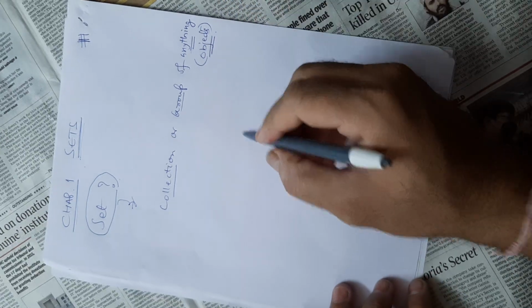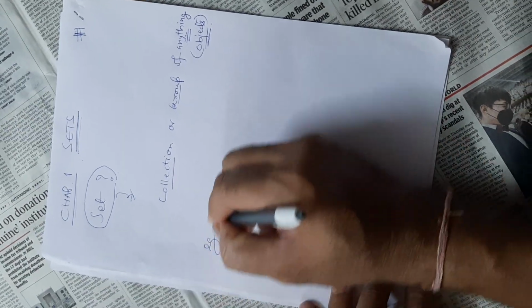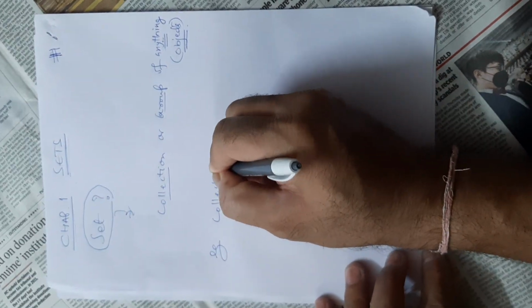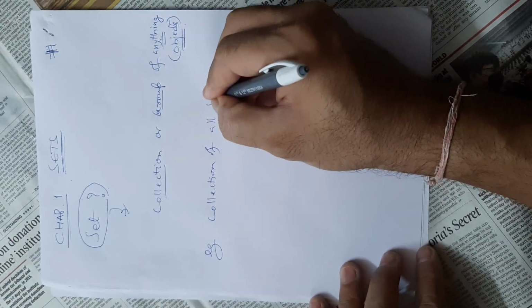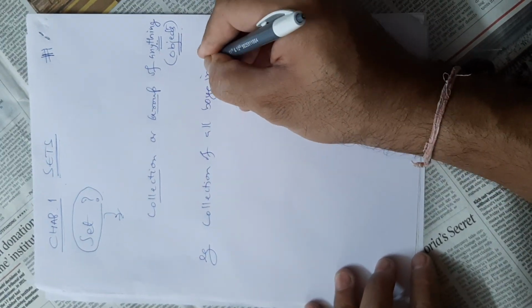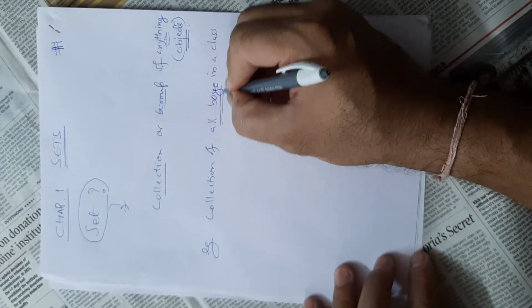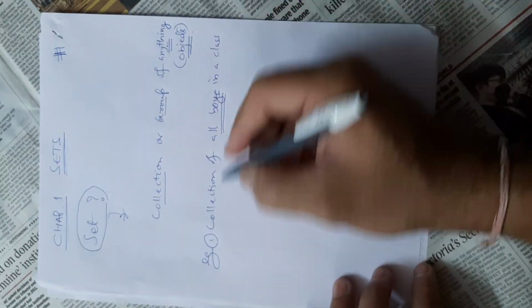Objects. Now what we mean by anything, for example, here I'll take a collection of all boys in the class, all boys in a class. So this is one example of a set, collection of all boys, all girls.